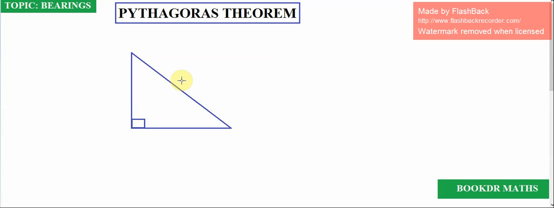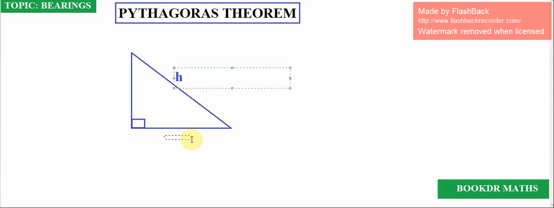I want to emphasize that you don't apply Pythagoras theorem on any triangle apart from the right angle triangle. Now, what does the Pythagoras theorem say? This is called the hypotenuse because it's the longest side.